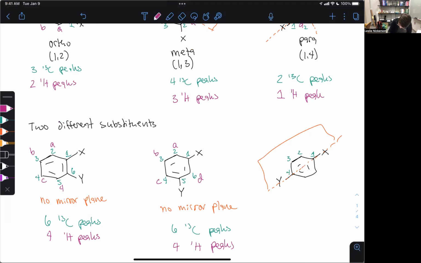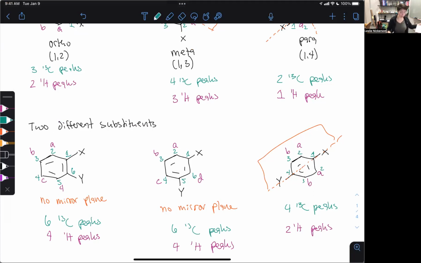And then for protons, A and B. Okay, so we're gonna have 4 carbon peaks. And then 2 proton peaks. Okay, so we've got A, B, and we've got 2, 3. Okay, so that's kind of how we're going to be looking at equivalent protons and carbons to just see how many peaks we have going on.